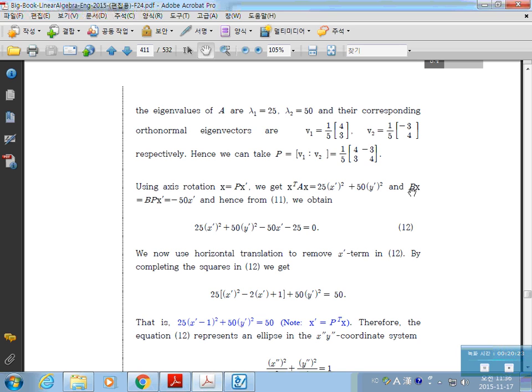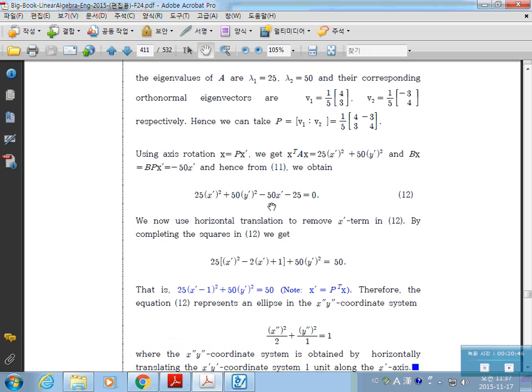We do the same substitution for x to get the linear term in the x prime y prime axis. So the original one can be replaced by this part minus this part, and minus 25 is equal to 0.